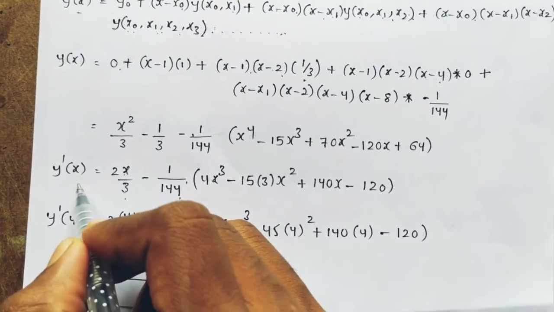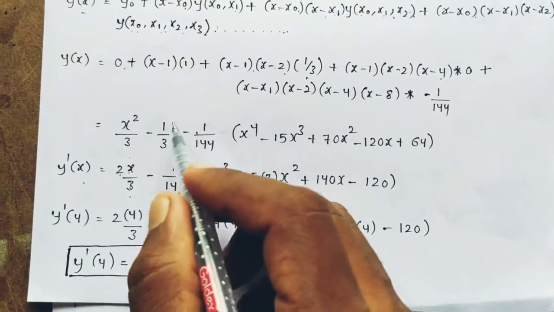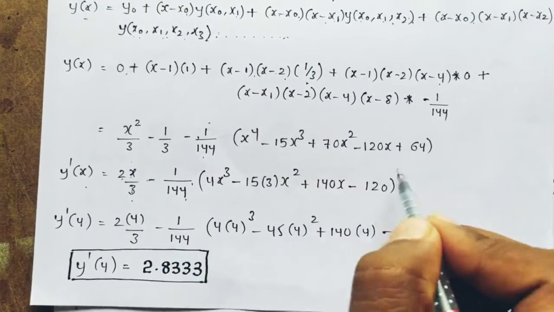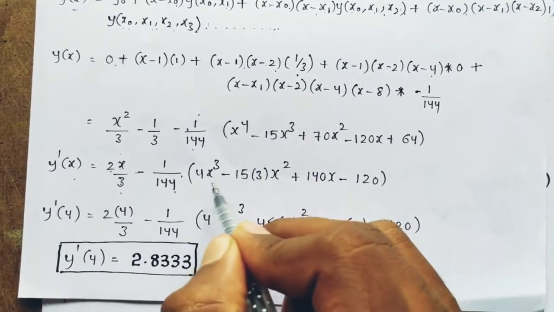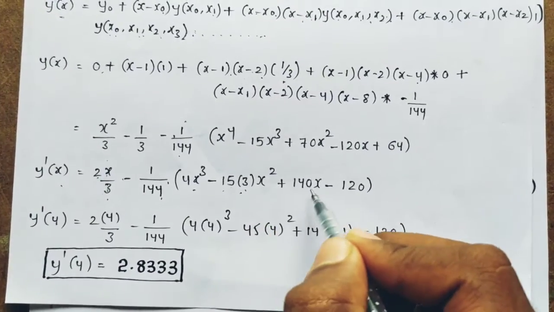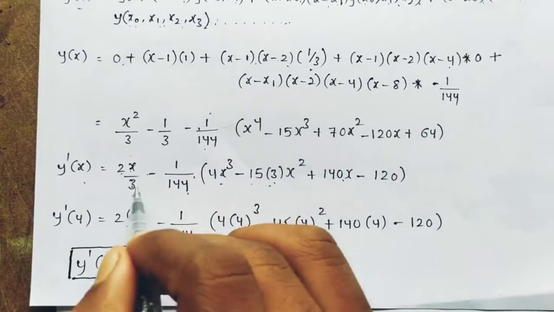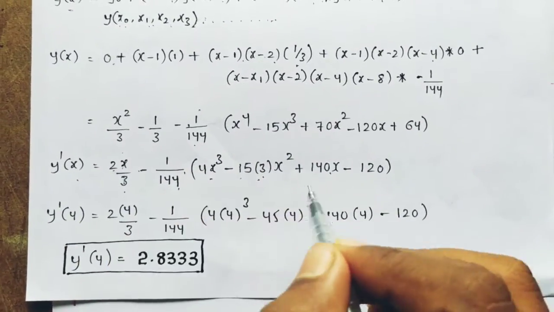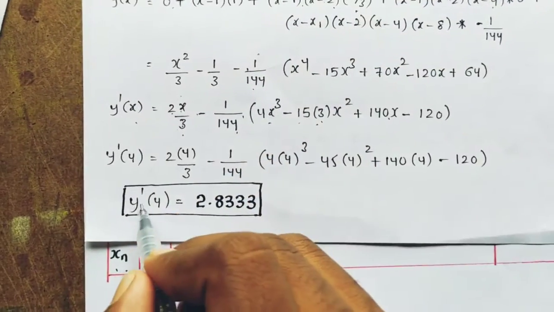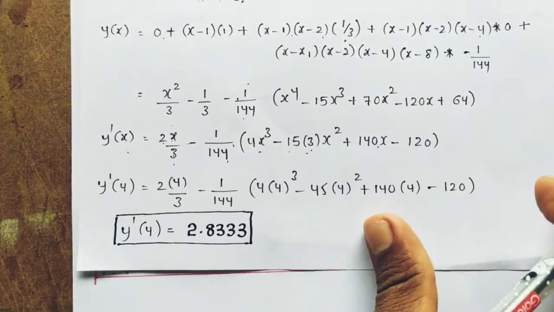Here the differentiation of x square by 3 gives 2x by 3, and 1 by 3 is a constant, so its derivative is 0. Similarly the differentiation of the remaining equation is 4x cube minus 15 into 3, 45 x square, plus 140x minus 120. Substituting the value of x in this equation, we get the value of y dash of 4. Finally y dash of 4 equals 2.833. This is the final answer.